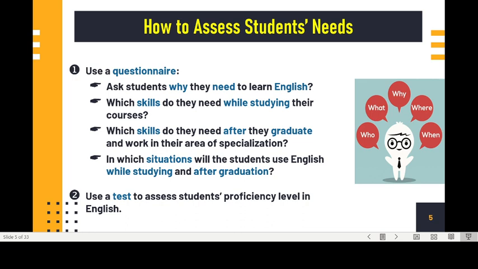The second thing that we have to do is use a test to assess the students' current proficiency level in English, so that we know where we should start from.